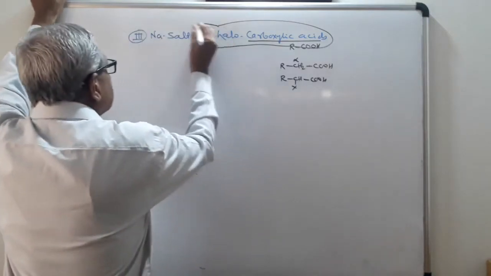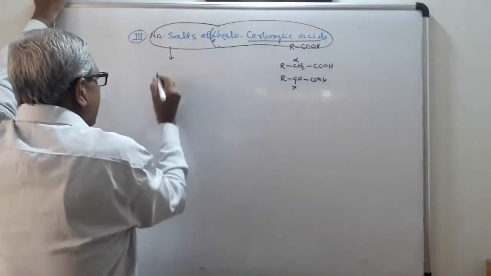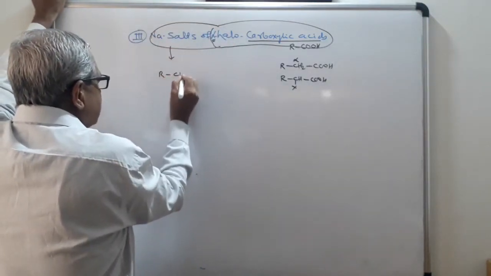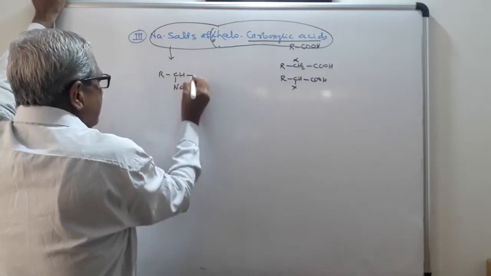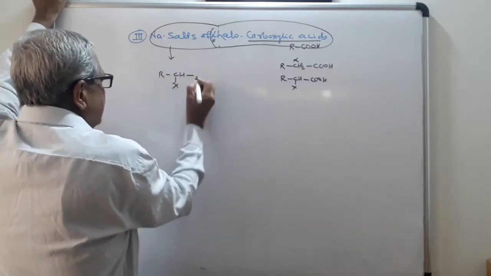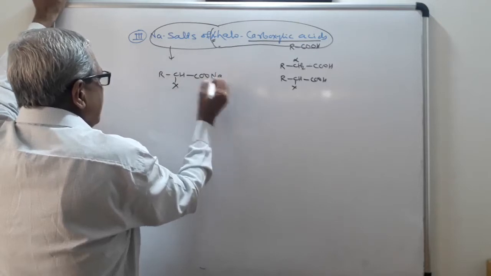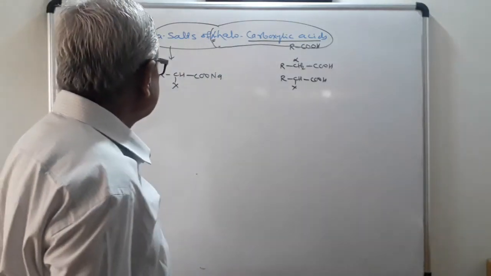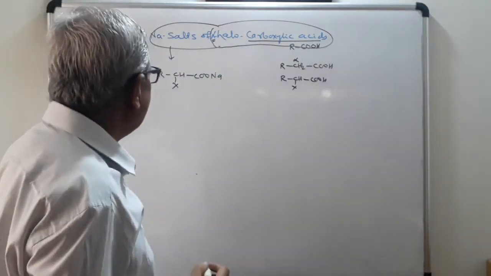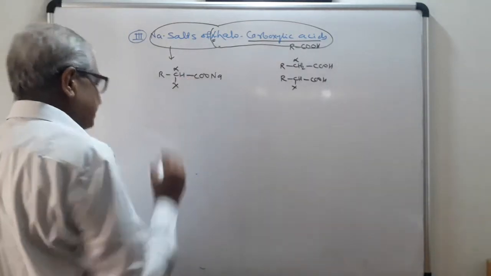Now we want sodium salts, therefore the formula will become RCHXCOONa. This is the formula for the sodium salt of alpha halocarboxylic acid.